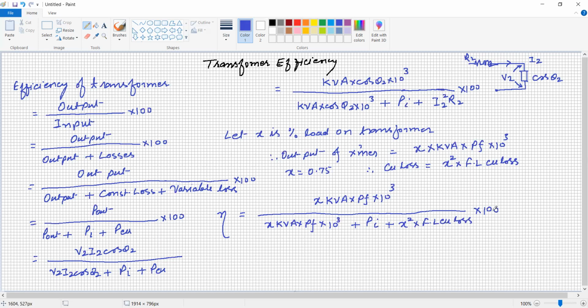So this is the efficiency of the transformer at any load condition. Remember this formula, it is very important.